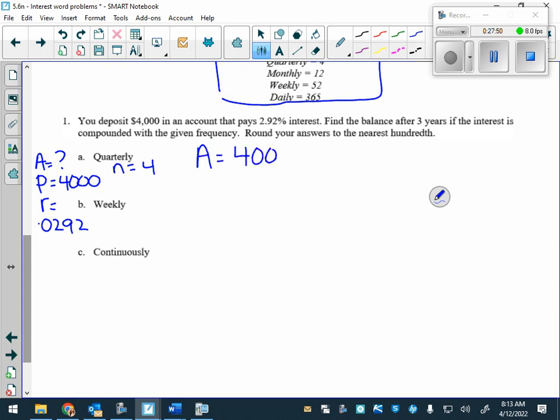So how this looks using our formula, it's your initial amount, which is 4,000, times 1 plus 0.0292 over 4, raised to 4 times 3.